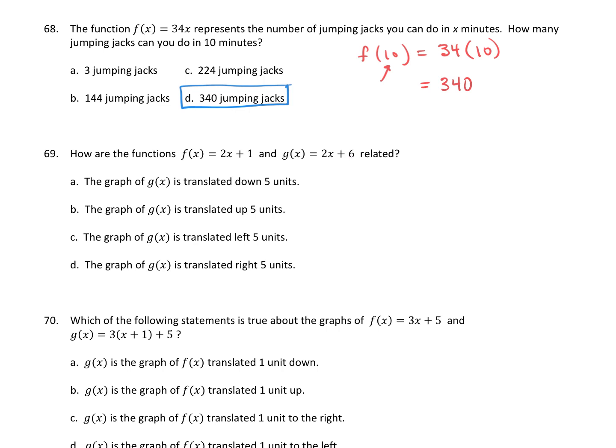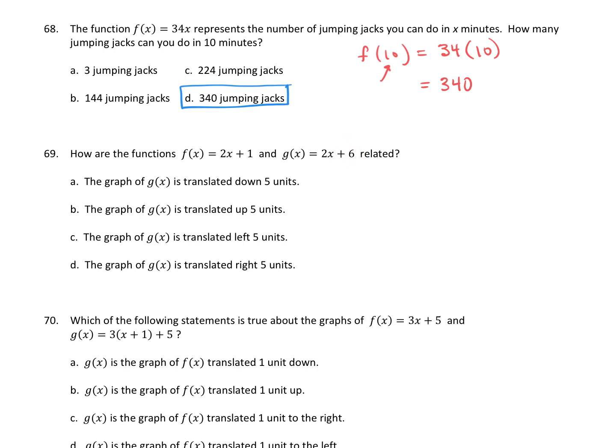So if we look at our options, they are translating, but translating correct, not right as in to the right. So what we want to do is see if we're going from a 2x plus 1 to a 2x plus 6, how did that change?